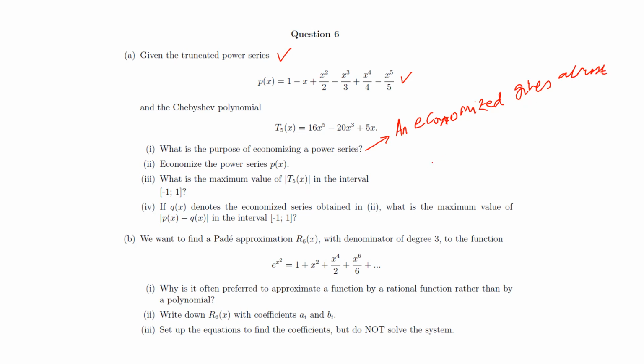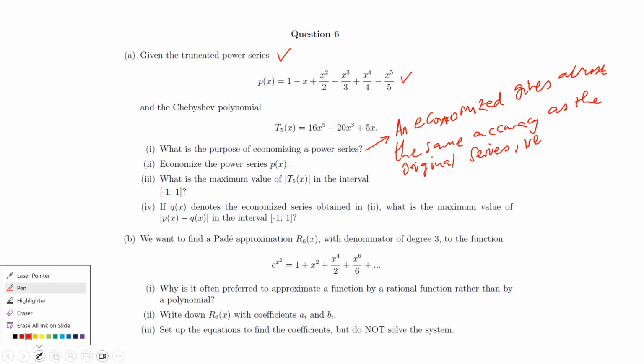It gives almost the same accuracy as the original series with fewer terms. If it's economized, then the terms are fewer.